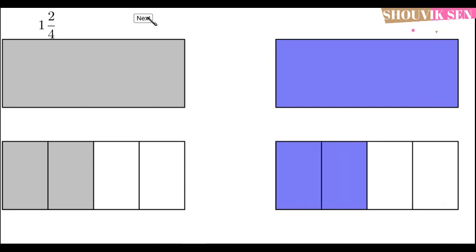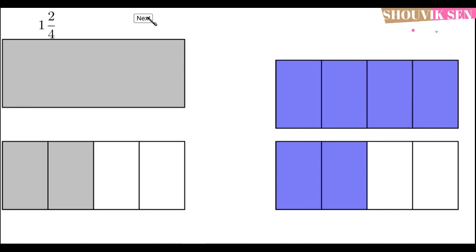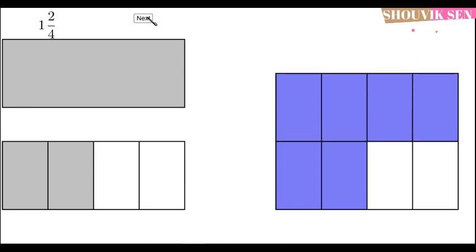We copied it and we divided into as many small blocks as we can, and we see how many blocks are there. There are a total of 6 blocks, and we divided each block into 4. So 6/4 is equal to 1 2/4. 2/4 is again equal to 1/2. You have seen it earlier, right?